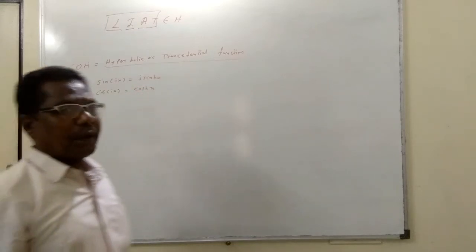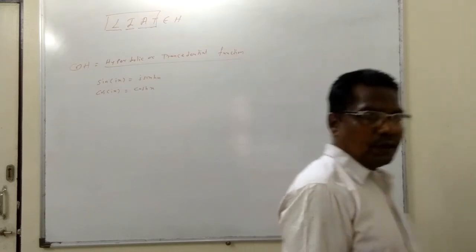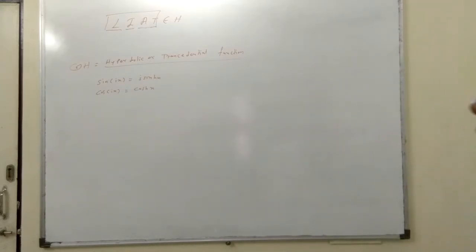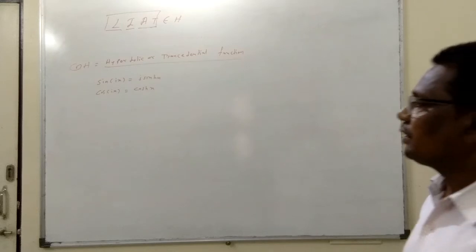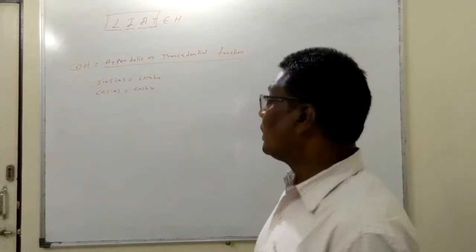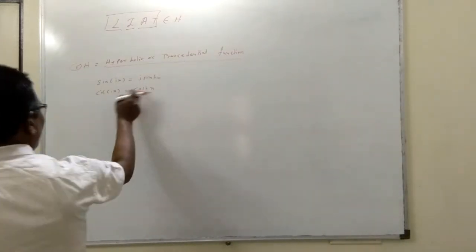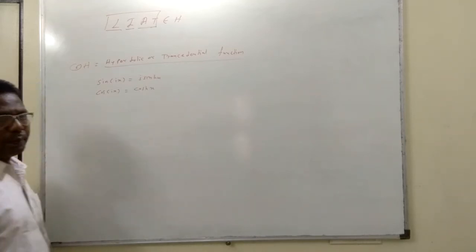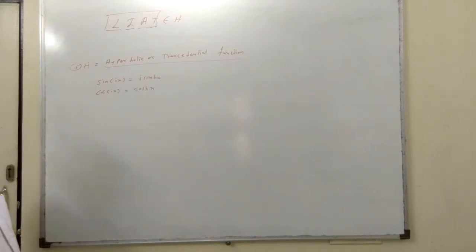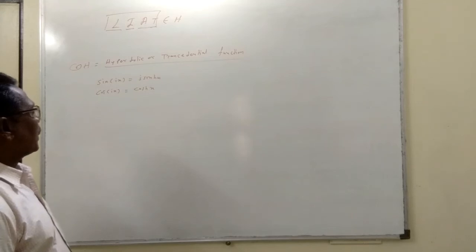To keep this in mind, recall the polar form of a complex number: z is equal to r (cos theta plus i sin theta). Cos is the real part, sin is the imaginary part, and that's why cos ix is equal to cosh x, and sin ix is i sinh x.